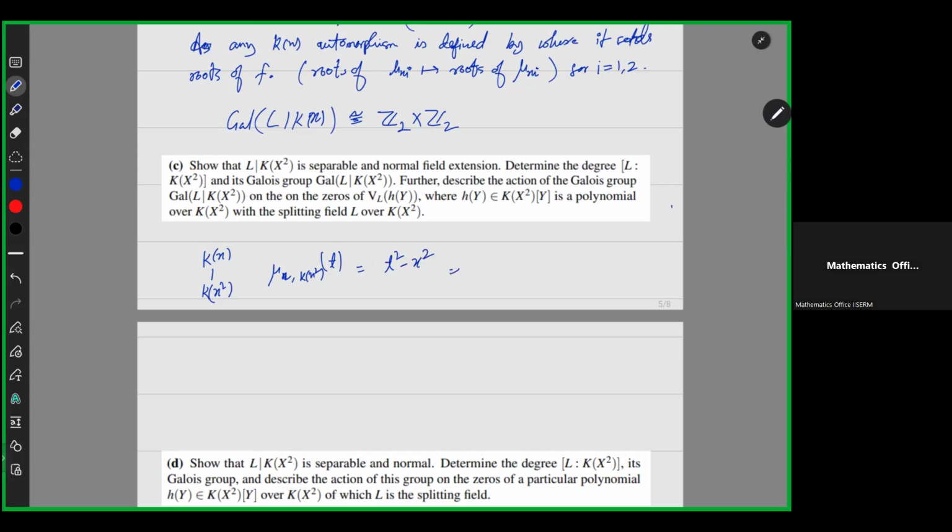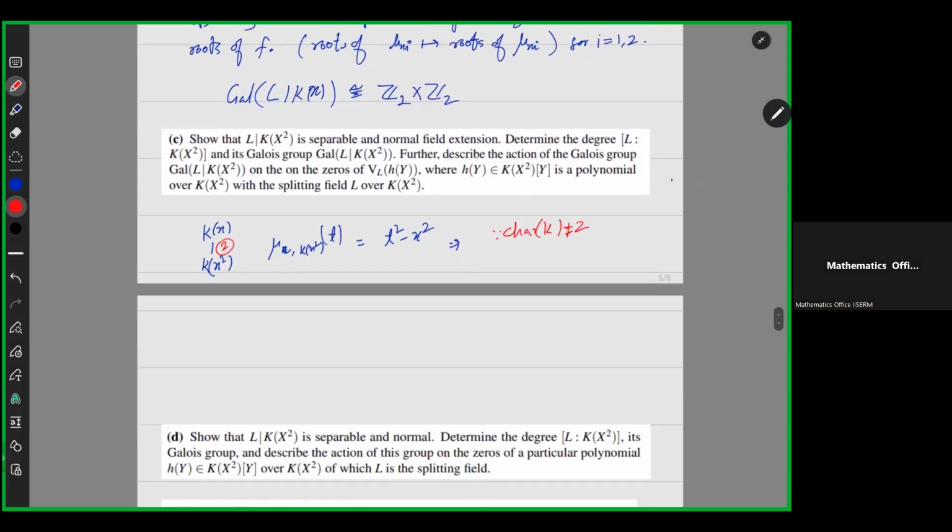So this implies that the degree of extension is 2. And 2-degree extensions, since the characteristic of k is not equal to 2, this implies this will be separable.